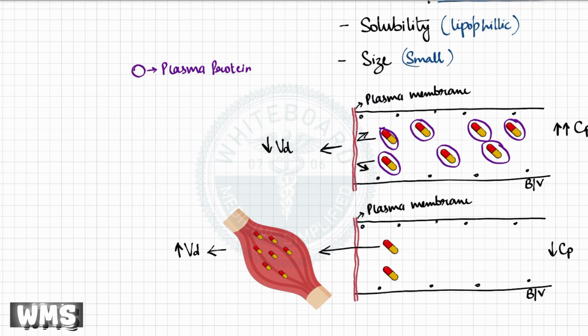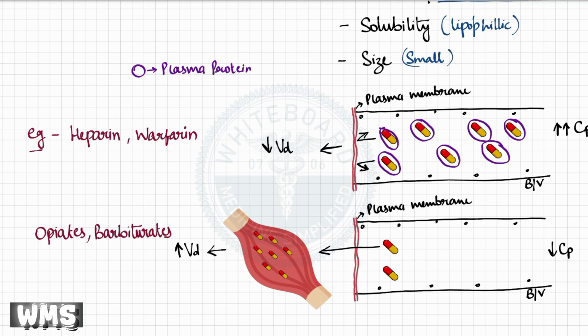Drugs with a low volume of distribution include heparin and warfarin. On the other hand, drugs with a high volume of distribution include opiates and barbiturates. It actually makes sense that drugs like heparin and warfarin have a low volume of distribution. Let's ask a simple question. What is the primary job of these drugs?